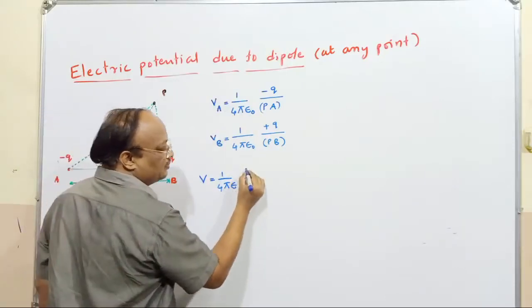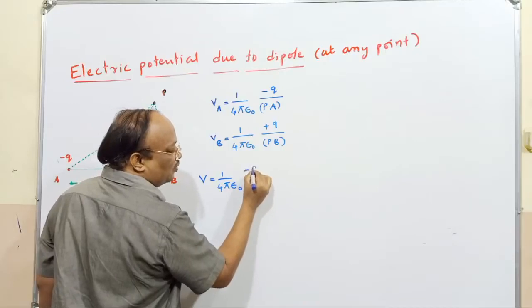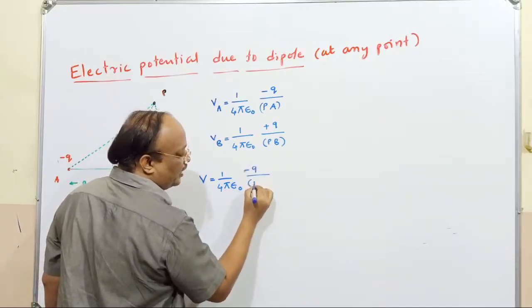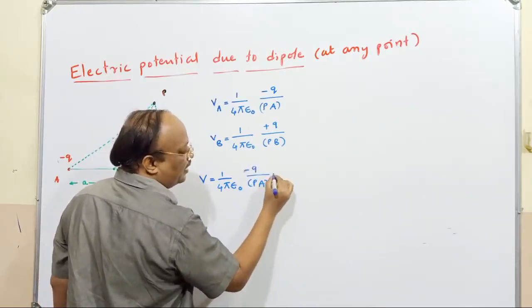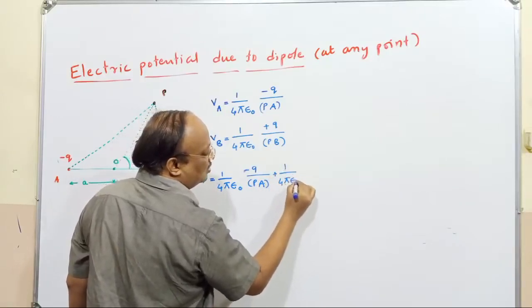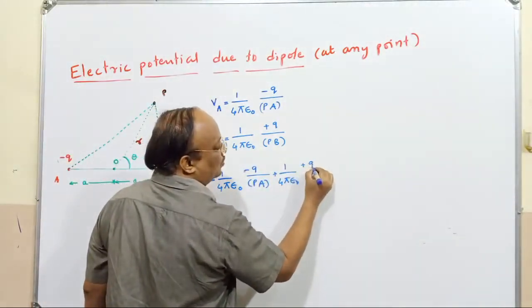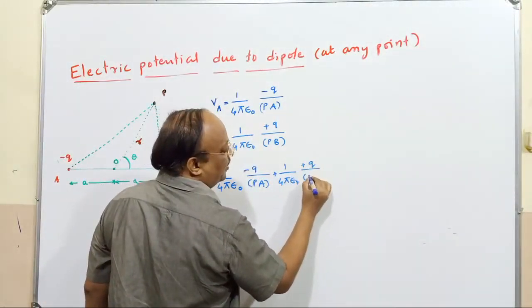It is 1 by 4 pi epsilon naught, minus q by PA, plus 1 by 4 pi epsilon naught, plus q by PB.